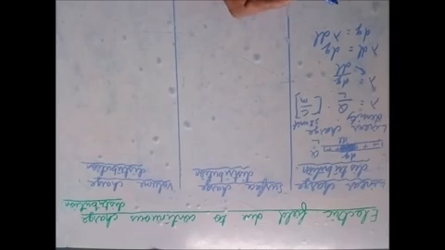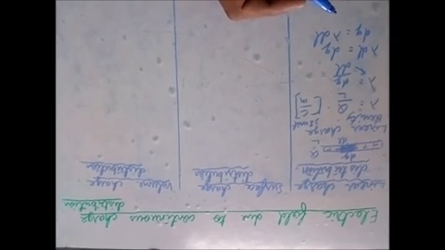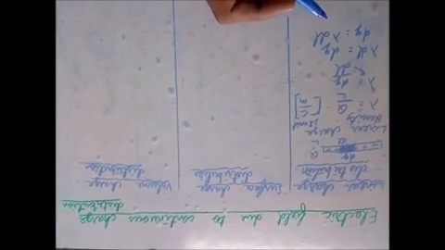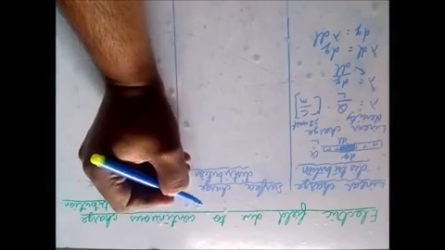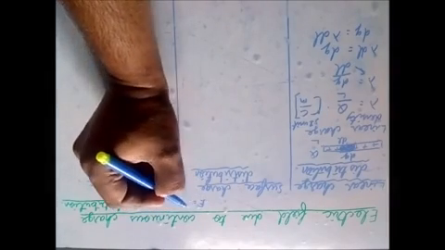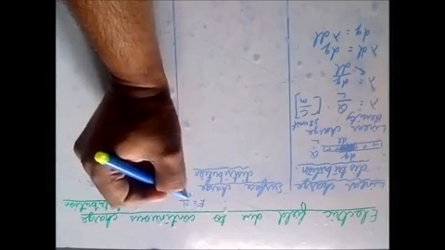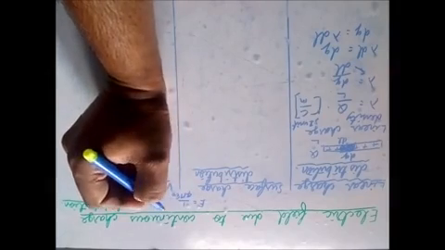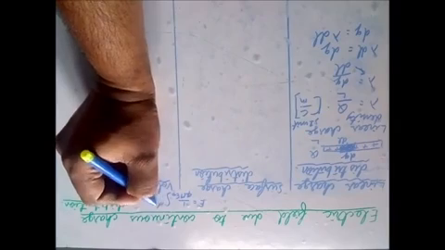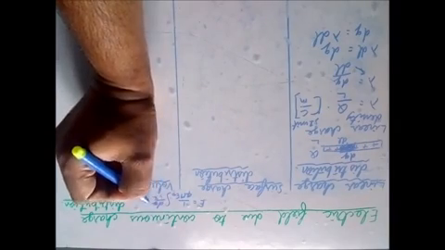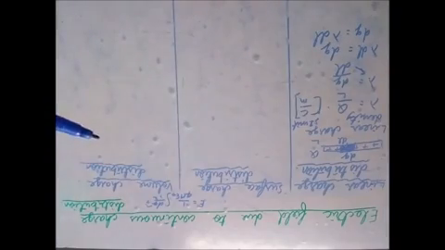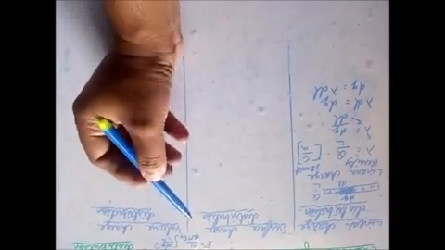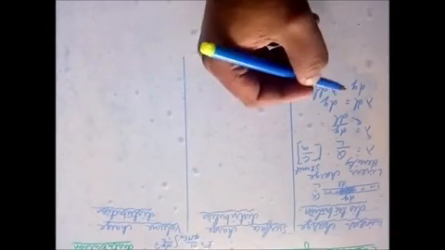Now what I'm going to do is substitute in the formula. We know the formula for electric field, that is 1 by 4 pi epsilon naught into integration of dq by r square into r cap. Let me substitute here.